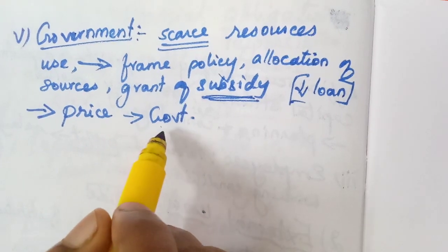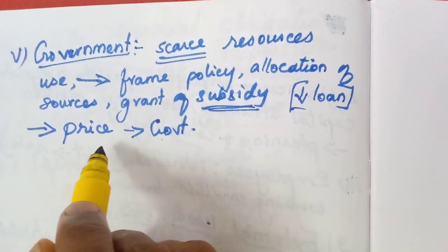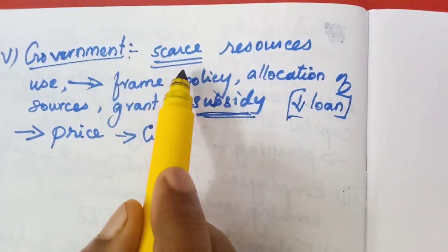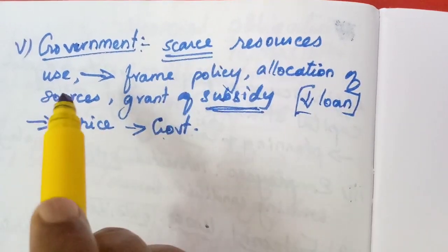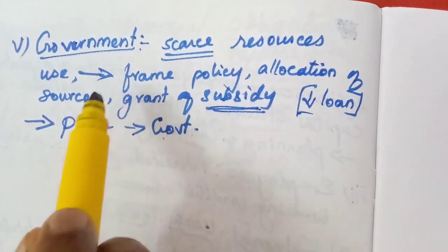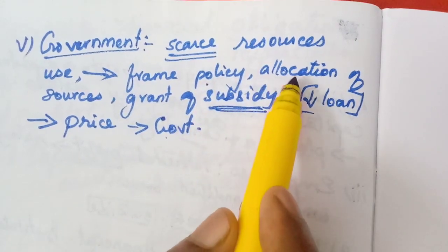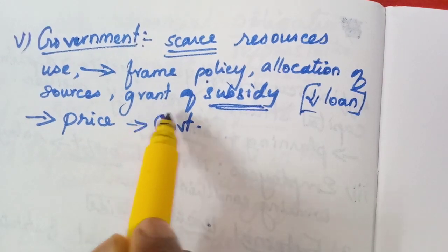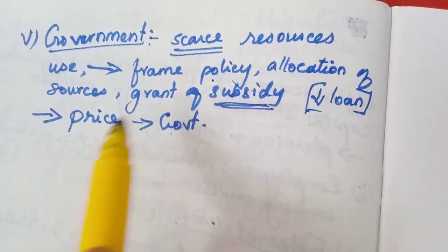So the companies have to show their financial information to the government in order to fix the price. Understood now? Because the government also wants to know the financial information, because many scarce resources are used by many industries. So with the help of this financial information, the government will be able to frame policies and they can allocate the resources to various industries, and they can decide the grant of subsidy for a particular company. Everything can be decided by the government.